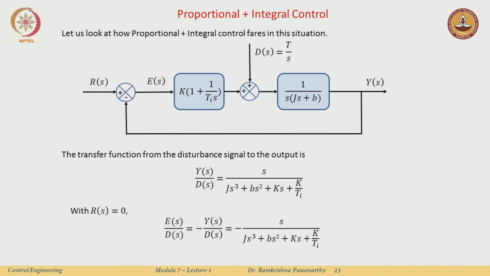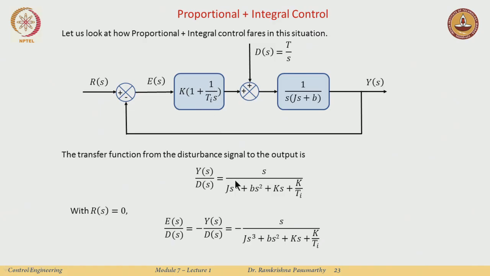Next, we see what is the effect of integral action. We have this integral action in addition to the proportional action, and therefore we call this a proportional plus integral control action. Again, Y(s) over D(s) I could easily compute to be this way, and I see that, as we stated earlier, introducing an integral action increases the order of the system.